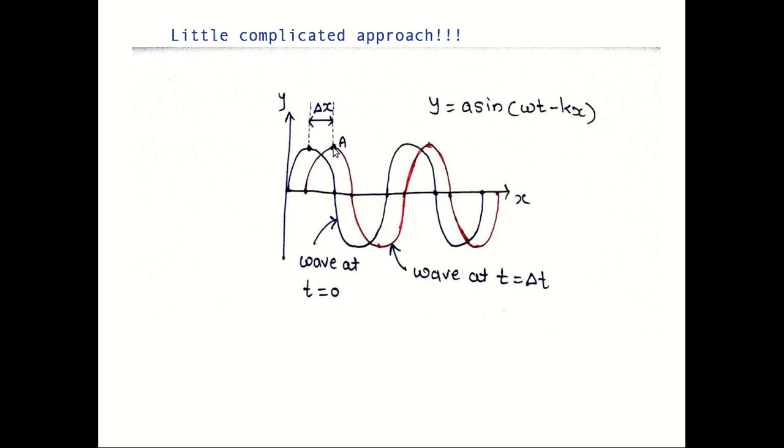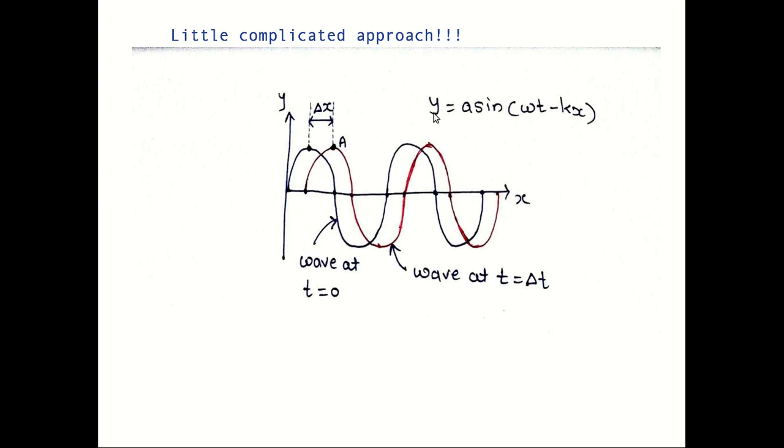So, not only A, but each and every point of this wave is trying to retain its original y displacement. Which is the factor that is actually giving rise to y? Here, this factor omega t minus kx, this bracketed term, is giving rise to variation in y.